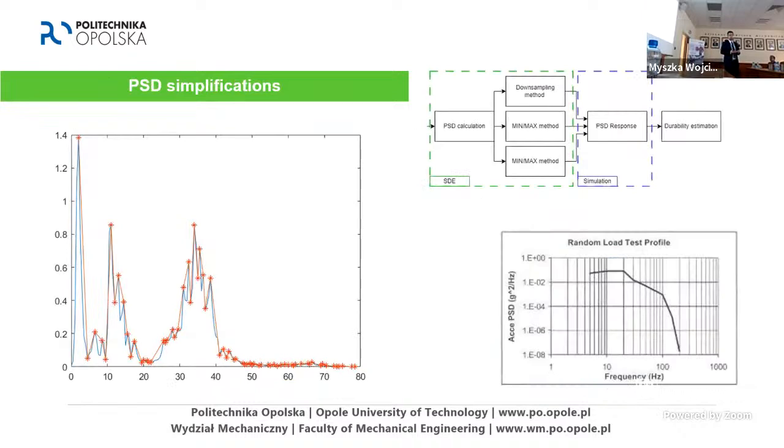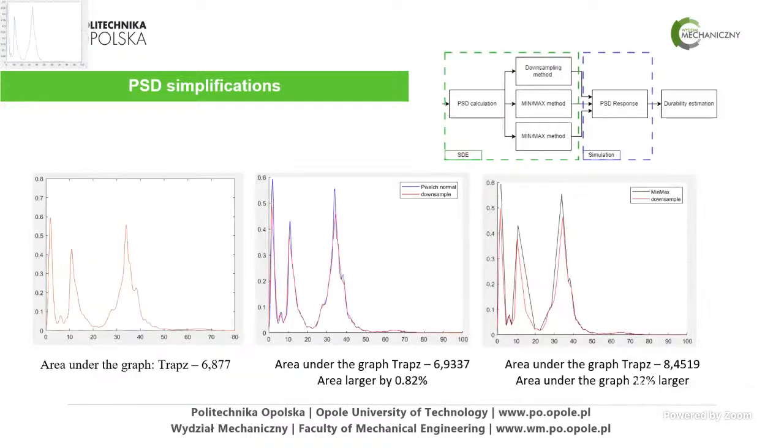We made two simplifications of the PSD. We decided to use local minimum and maximum, which is the first simplification, and the second one is the downsampling method. At the first step, we compared the area under the graph.